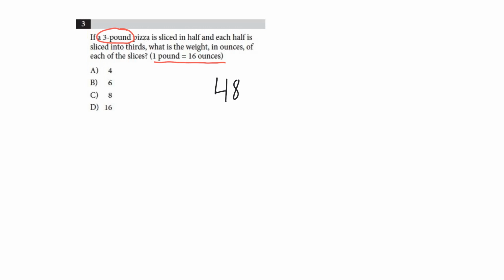If we slice it in half, we can divide by 2 or multiply by a half, okay? And then we're going to slice that into thirds. We can divide by 3 or multiply by a third, okay? And this will give us the weight in ounces of each slice.